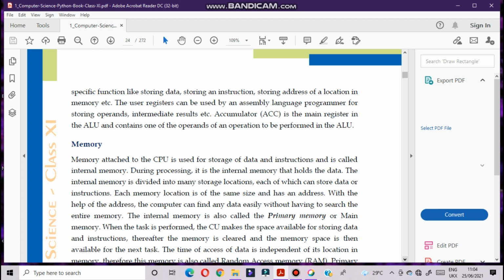The user registers can be used by an assembly language programmer for storing operands and intermediate results. The accumulator is the main register in the ALU and contains one of the operands of an operation to be performed in the ALU.